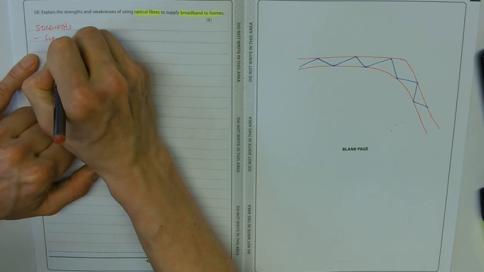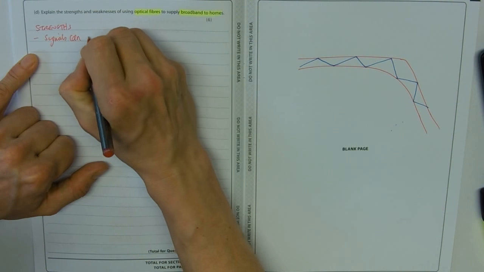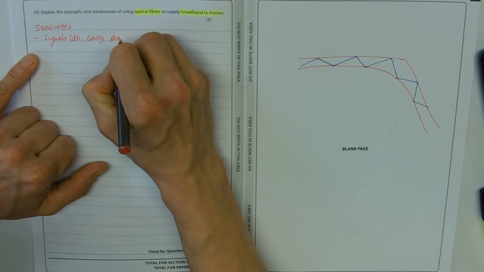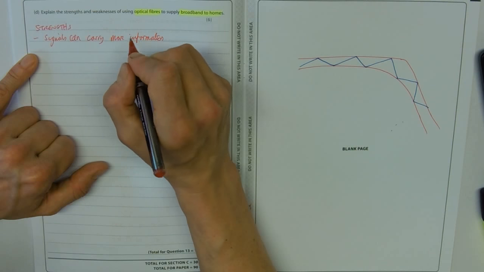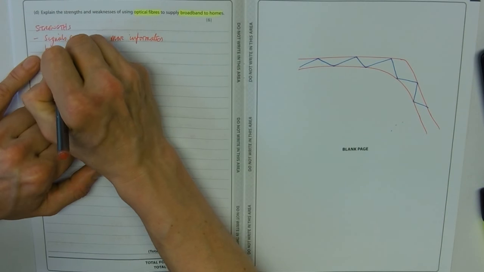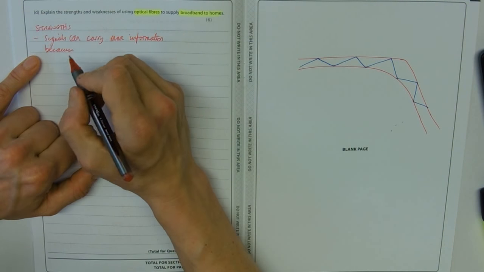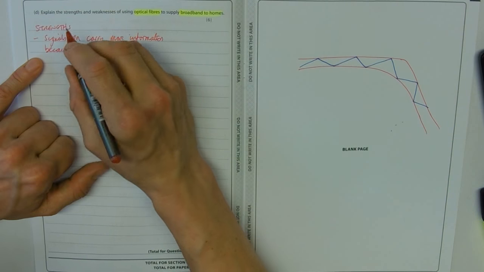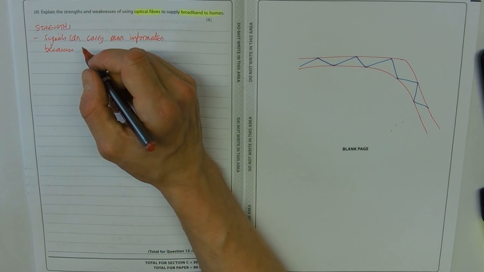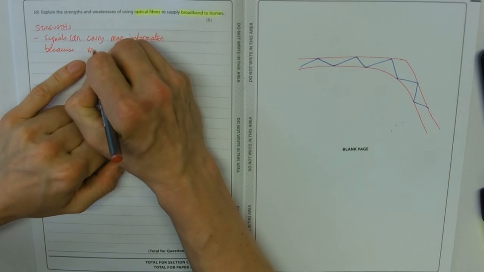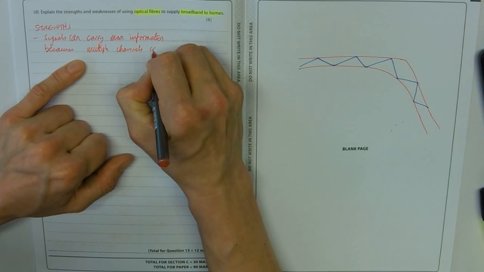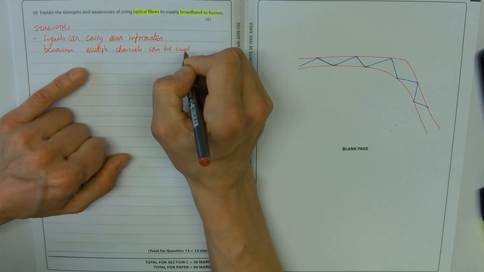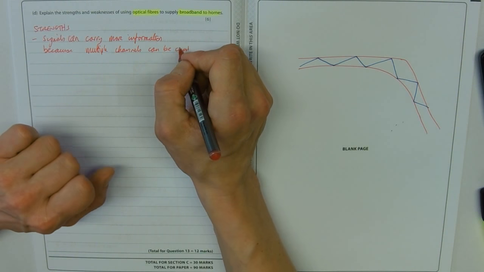Signals can carry more information because multiple channels can be used, so different frequencies.